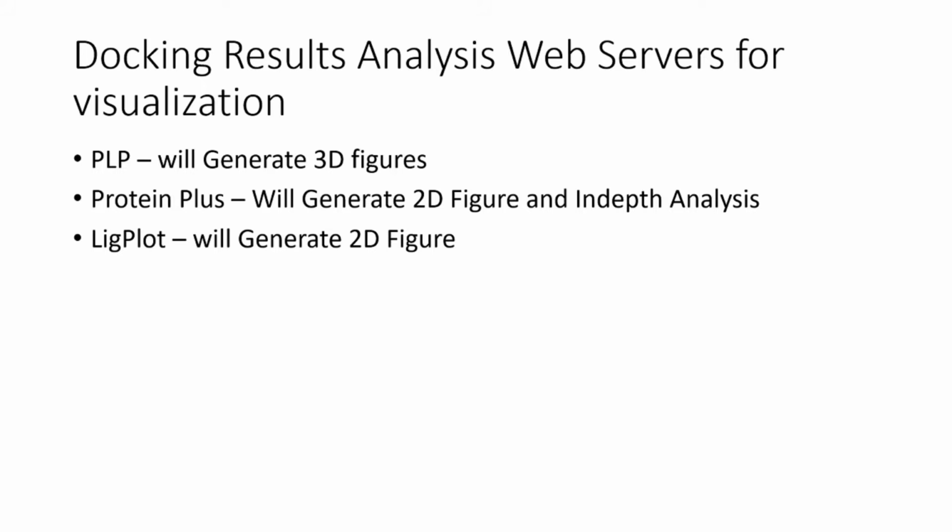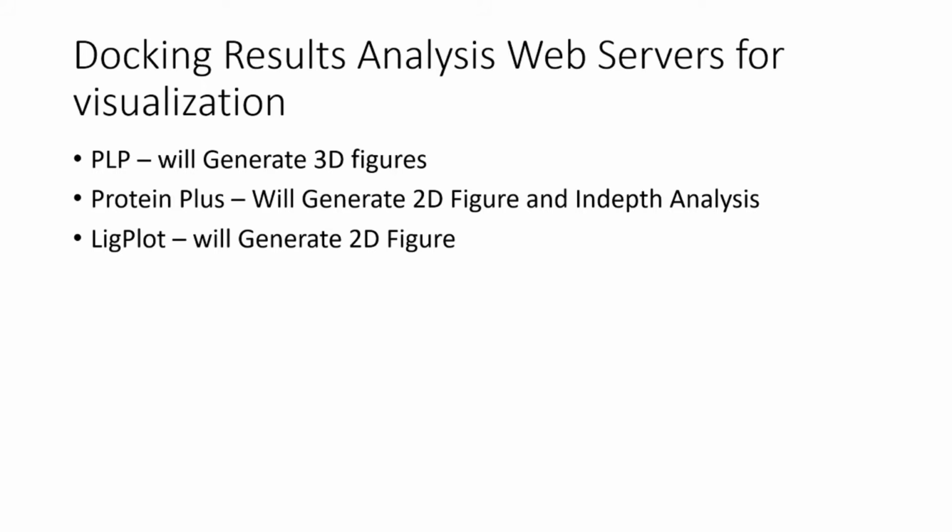So apart from that, PyMOL is also one of the options where we can visualize our protein and ligand complex. The major limitation with PyMOL is that it will show you only hydrogen bond interactions. It's not going to show you other non-covalent interactions. I'm going to show you some of the softwares where it will show various kinds of interaction between the protein and ligand molecule.